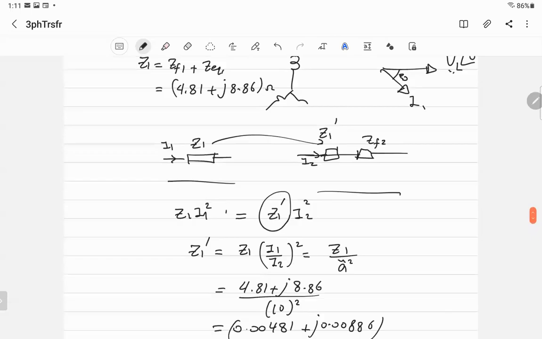So I moved it there, and I have everything on the secondary side. It's done.